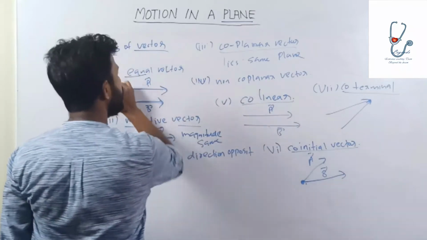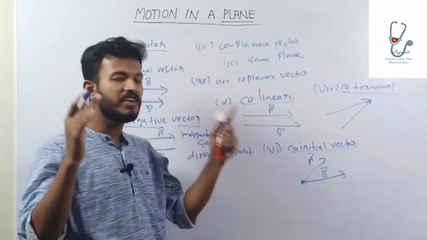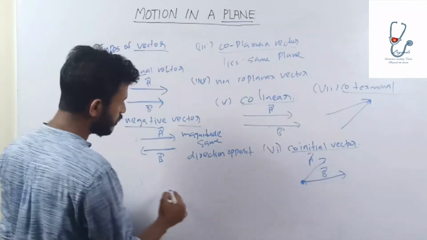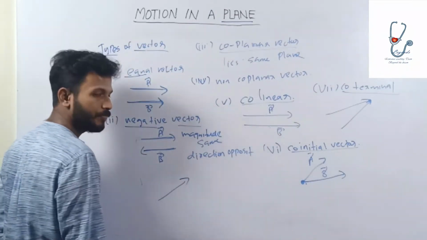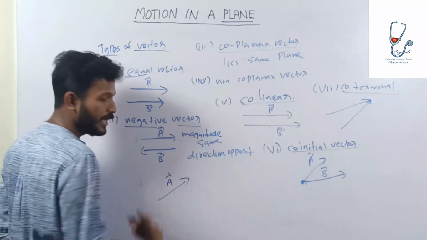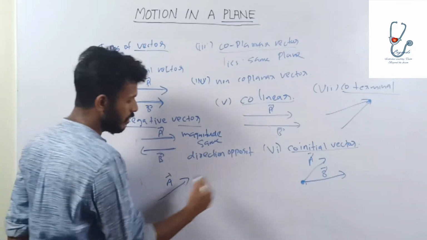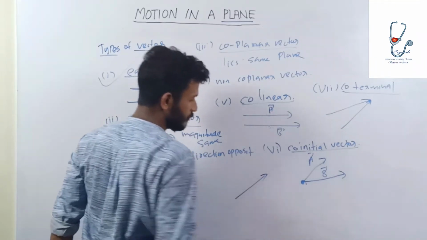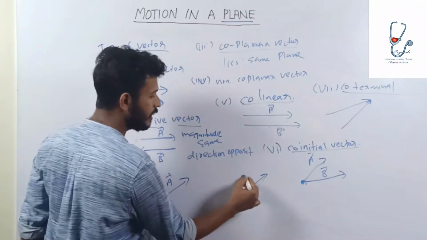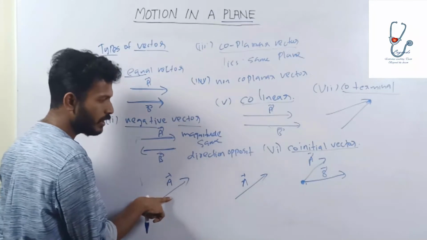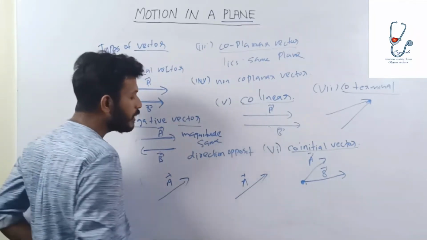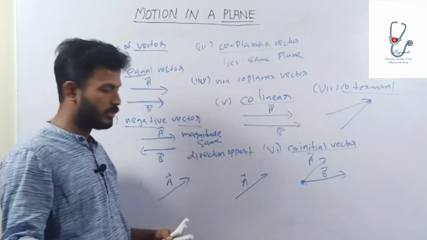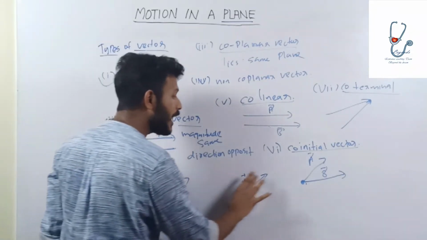Here, equality of vectors is very important. What is the importance? Consider vector A. I can plot that vector A here also. This is also vector A. Why? Because irrespective of their locality in space, a vector can be transformed.